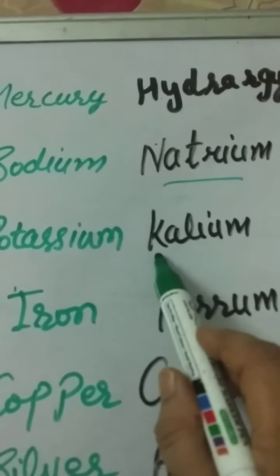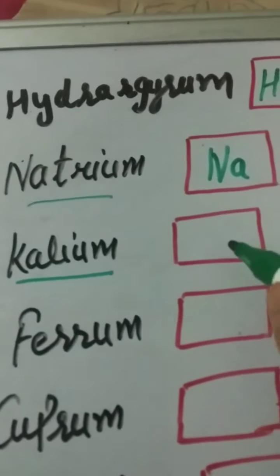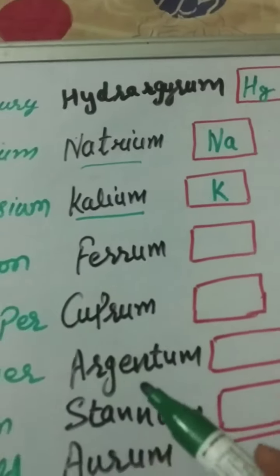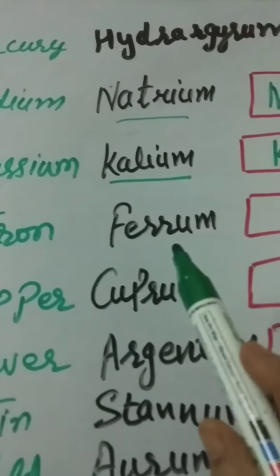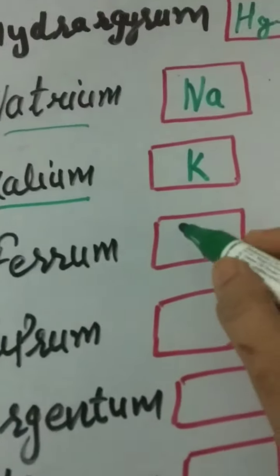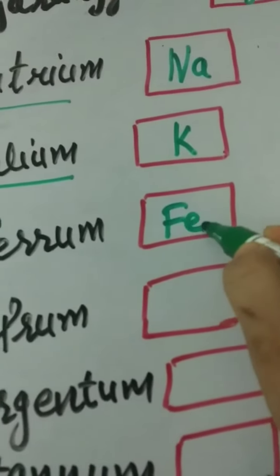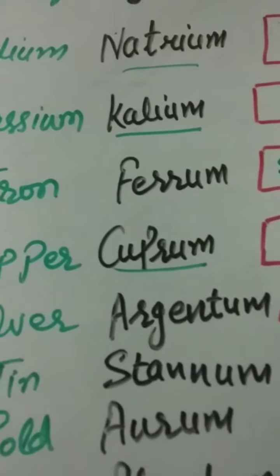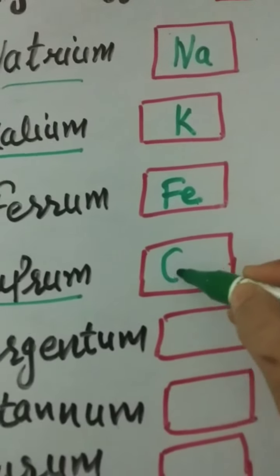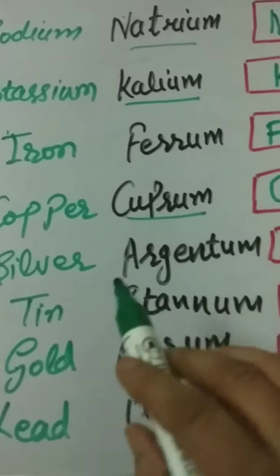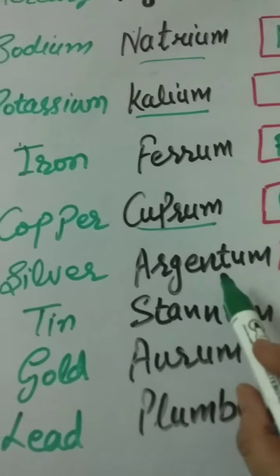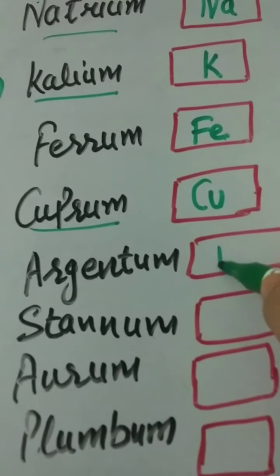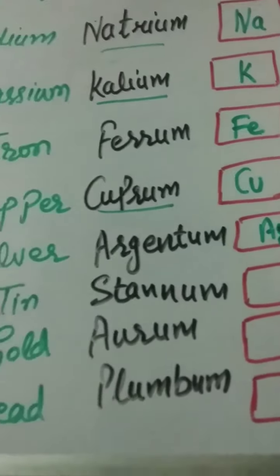Potassium, Latin name kalium, symbol capital K. Iron, Latin name ferrum, symbol capital F, small e. Copper, Latin name cuprum, symbol capital C, small u. Silver, argentum, symbol capital A and small g.